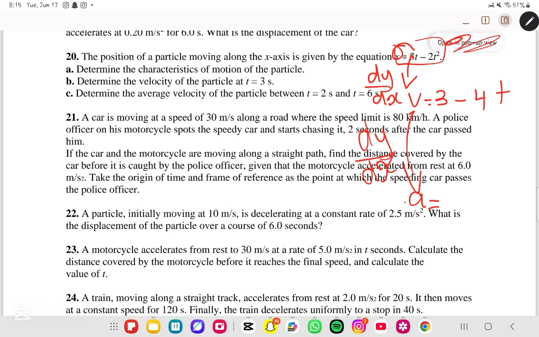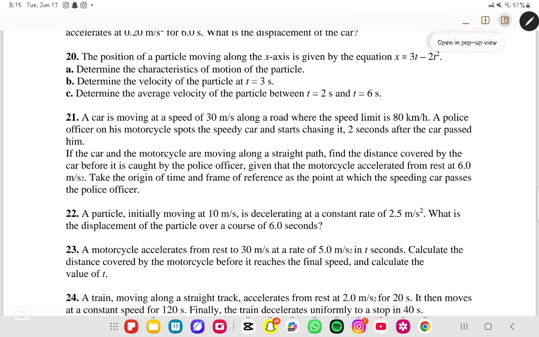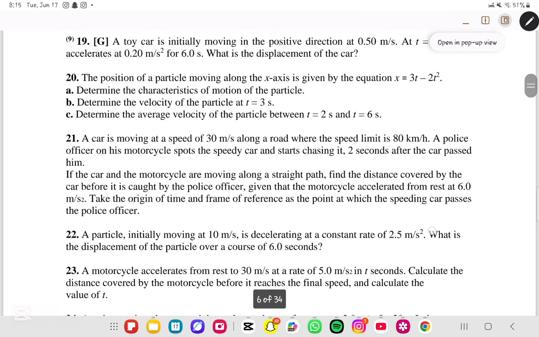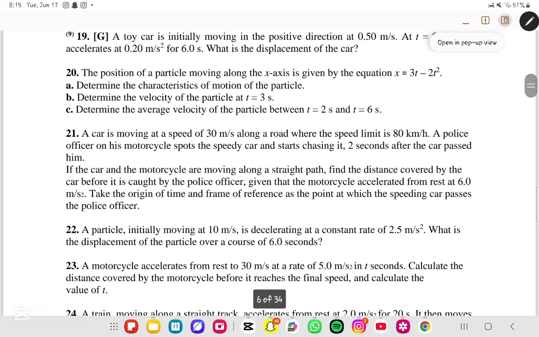So acceleration is equal to what? It's equal to minus 4 meters per second squared. So as you can see, because it's one value, there's no t, there's no variable, it's just a constant value. That means that the motion is UARM, because the acceleration is constant. So it's uniform accelerated rectilinear motion.